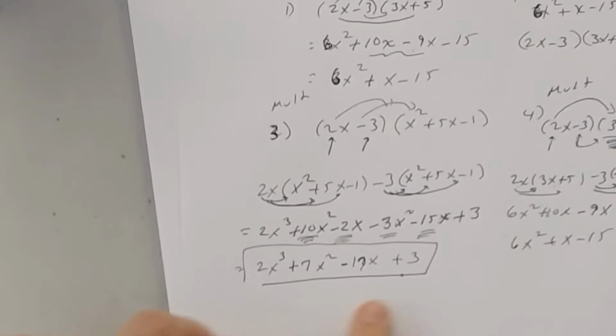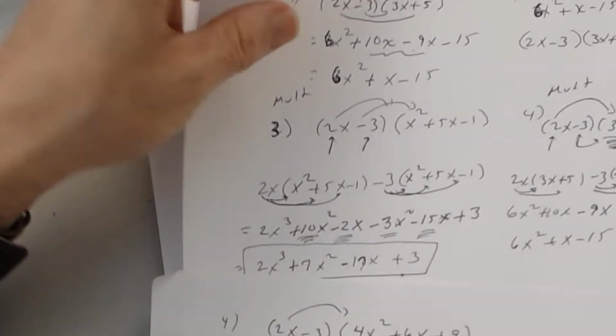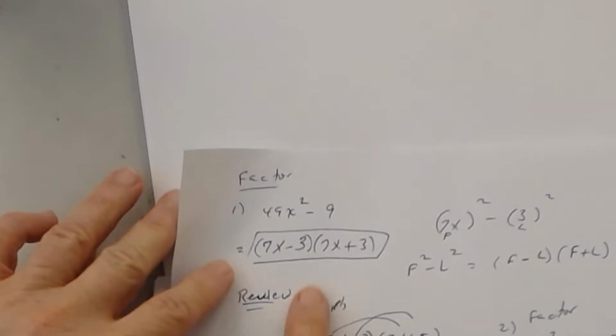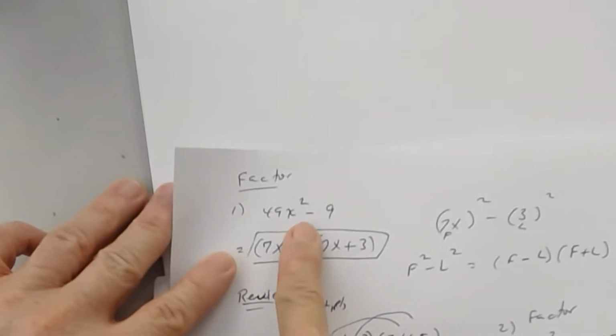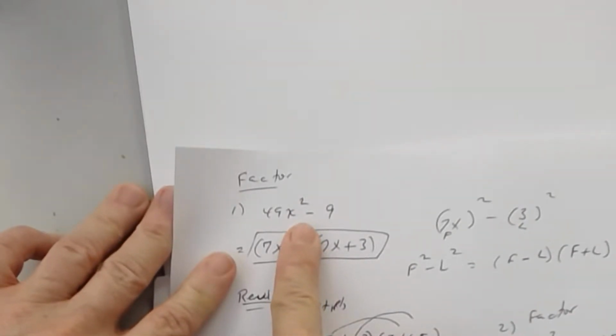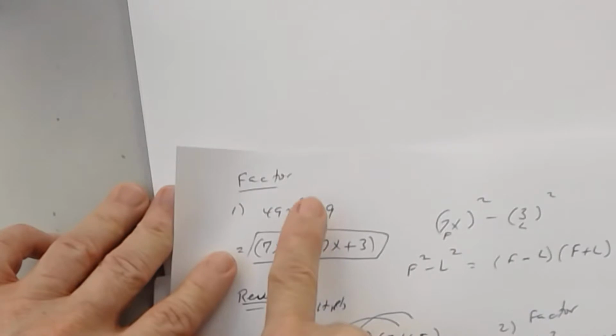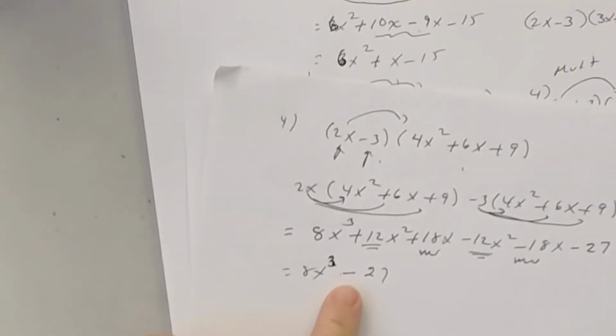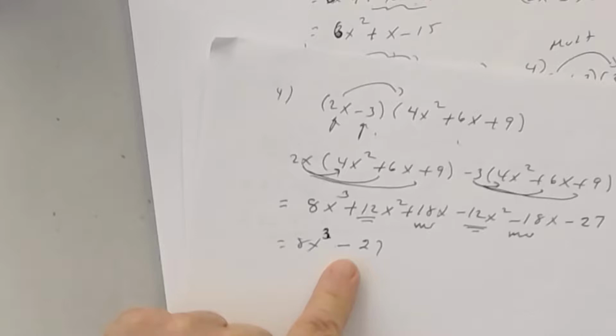All right, now I want you to notice something. When I did this and I said to factor, you noticed that this right here was the difference of 2 squares. When I look at this binomial right here, this is not the difference of 2 squares.